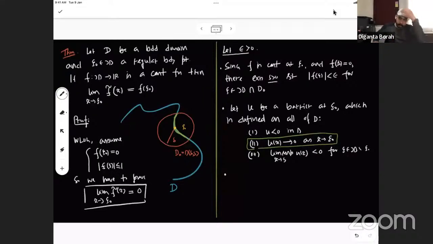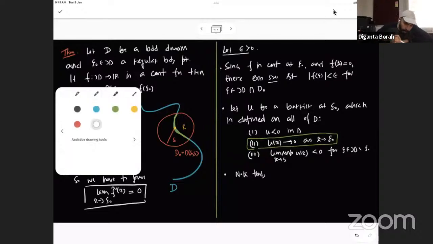So I have to modify this u. Let's do the following. Note that this function u, because it is subharmonic, is continuous on D. I want to look at the following part of the domain.